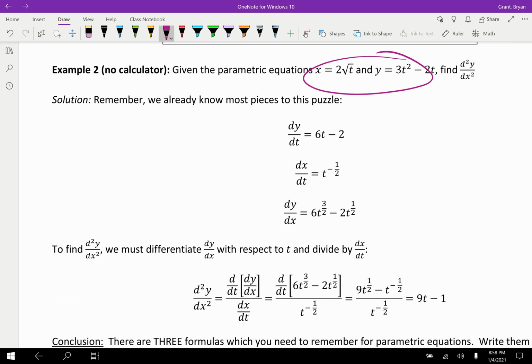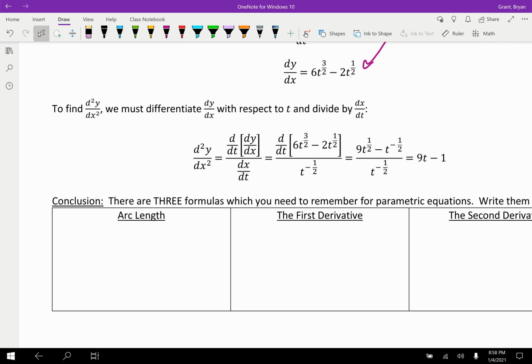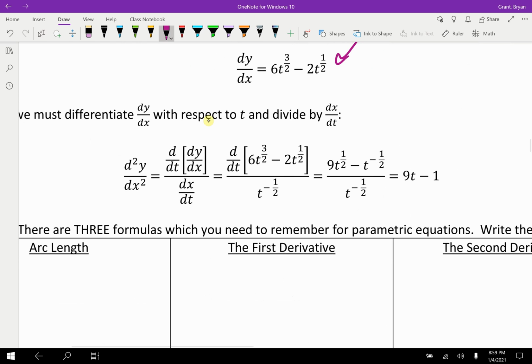So if we wanted to do a quick example, we already did example 1 with these exact same two functions. And in example 1, we found dy dx, which was down here. Now, if we want to find the second derivative, we need to take the derivative of dy dx with respect to t and divide by dx dt. So we take the first derivative, which is up here, and we do d dt of that, which results, of course, in this guy.